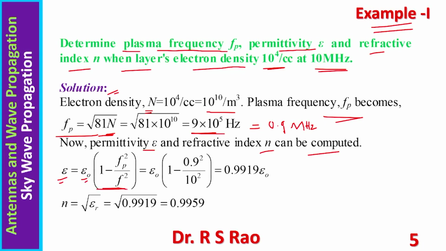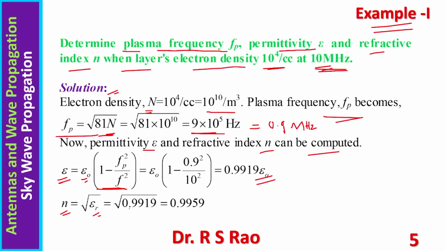Absolute permittivity is epsilon naught, relative permittivity is 1 minus fp square by f square. fp stands for plasma frequency, which we have just computed. It is found equal to 0.9 megahertz. Frequency of the wave is given as 10 megahertz. So using these values in this expression, epsilon permittivity can be found as 0.9919 epsilon naught. So relative permittivity here is 0.9919.